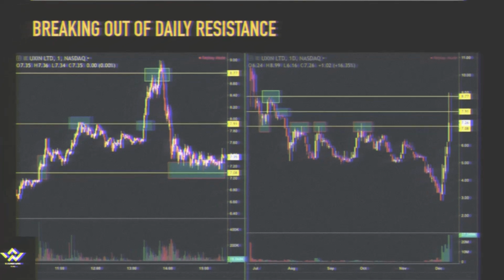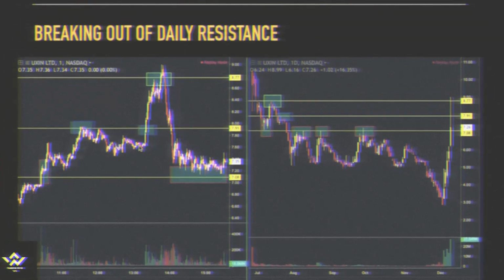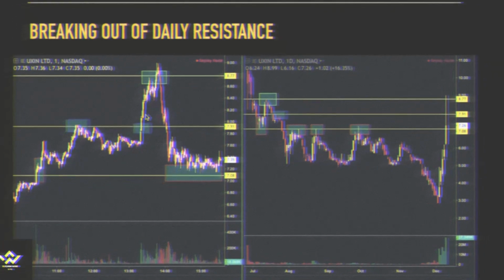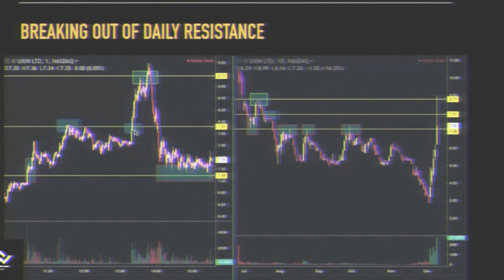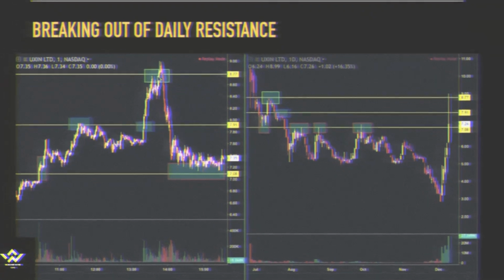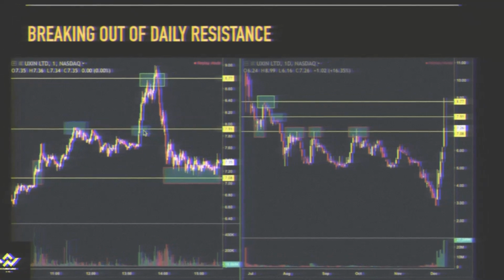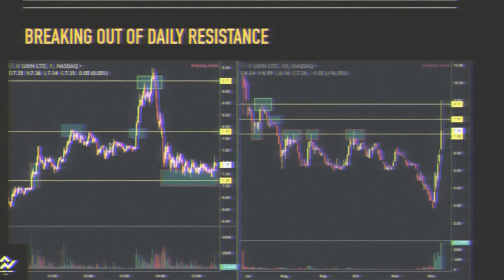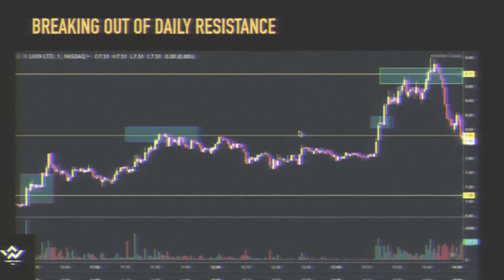So maybe if we sold right here, we notice the stock start to sell off, and then we say, okay, well, it's coming back up to resistance again. Let's see if it breaks. Once it breaks, we can buy and then place a tight stop just underneath 791 with a profit target of 877, and this is where we would sell. So as you can see, your risk to reward ratios are very large if you just play these daily resistance levels. Let's zoom in on the 1 minute chart to look at the price action in more detail.